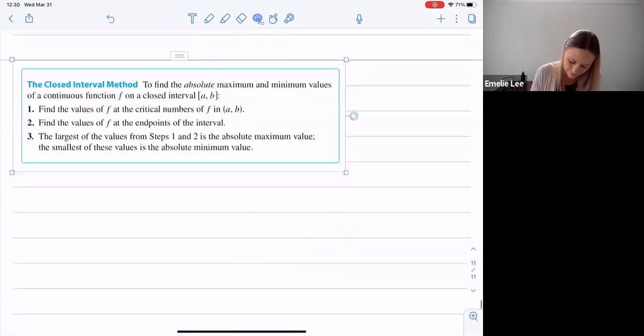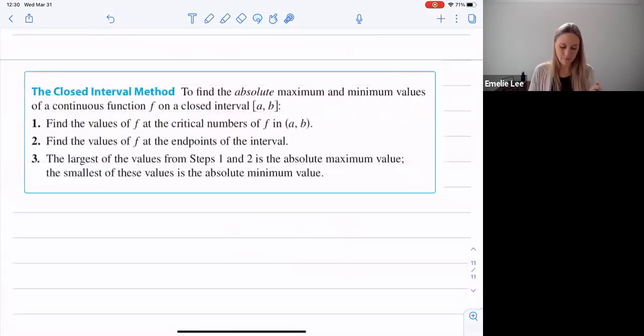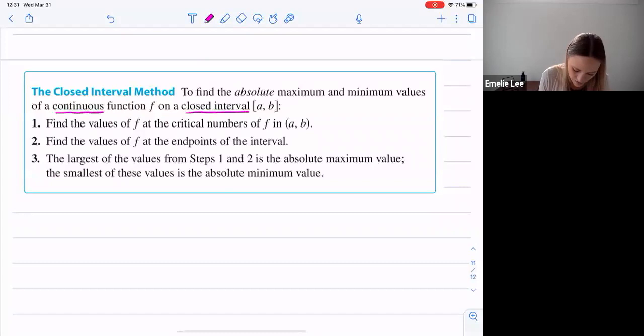Fresh page here. Okay. So the closed interval method, remember we've talked about closed intervals earlier. So to find the absolute maximum and minimum values of a continuous function on a closed interval a to b, we're going to find the values of f at the critical numbers.